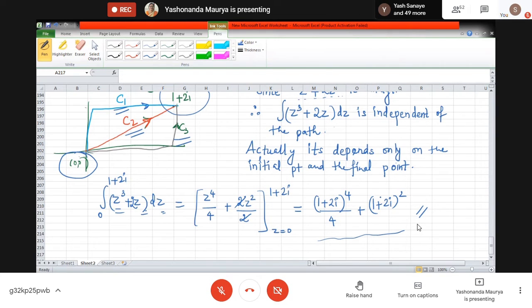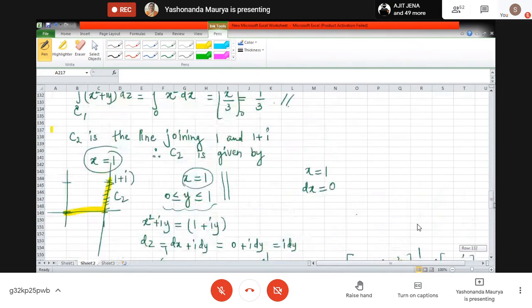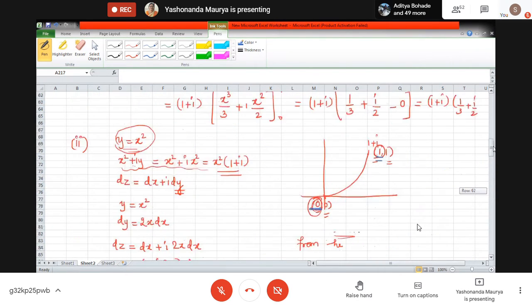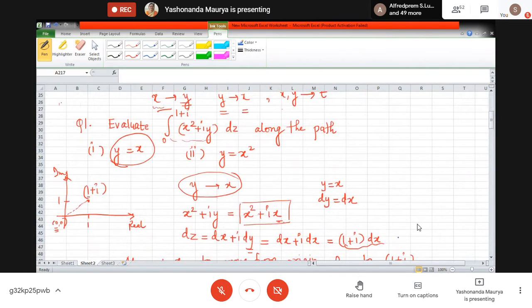Ma'am, what about the previous one? It was not analytic or what? It was not analytic because if I try to write that function in terms of z... it is this function.